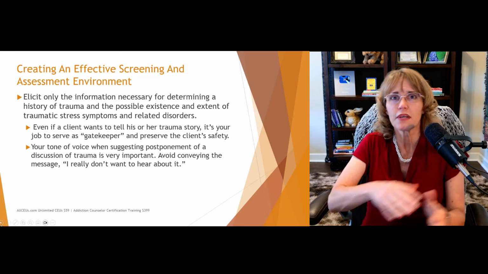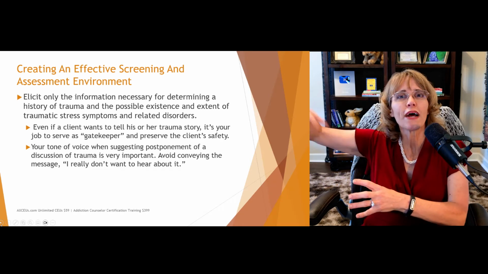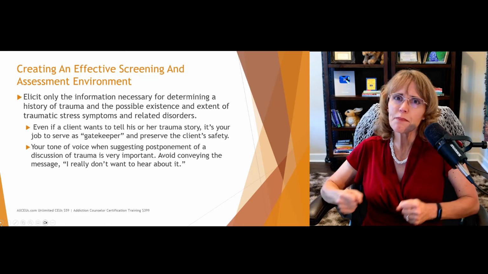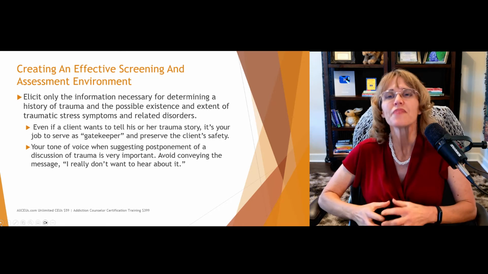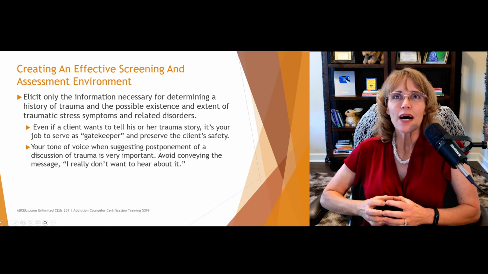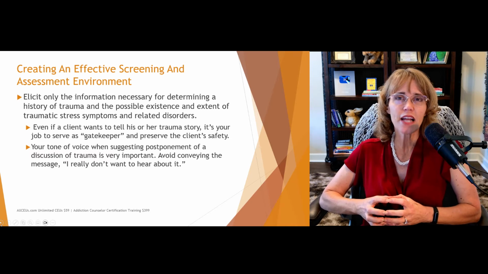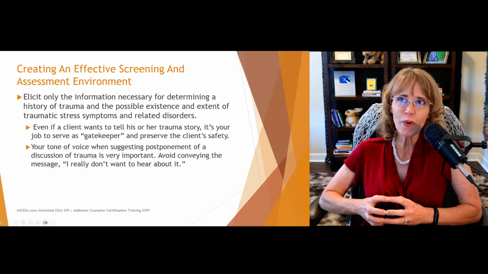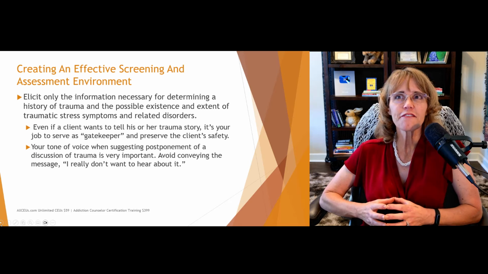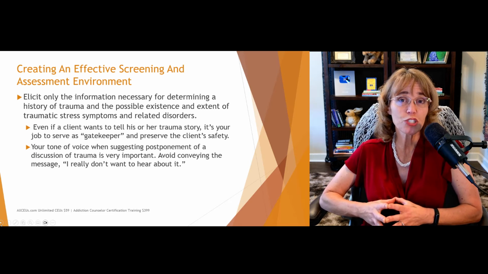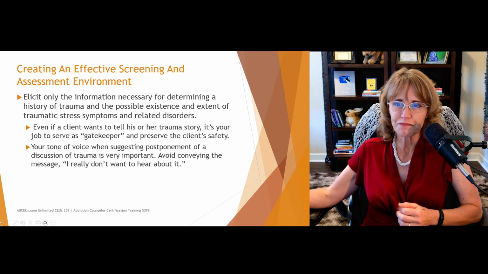So, let's talk about when we might start delving into that. Because sometimes clients just really want to deal with it. And that's fine. But I want to lay some groundwork first, so I know that not only in session, but between sessions, they are going to feel safe and they're not going to be re-triggered and spiral.